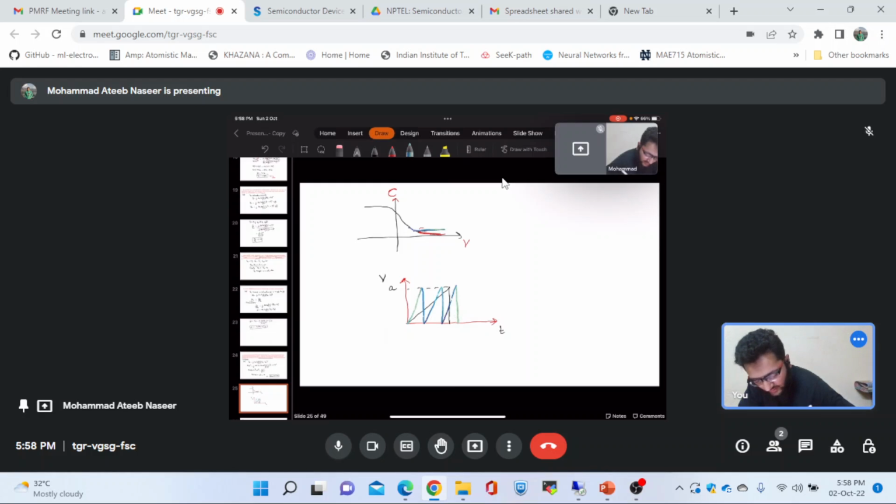So this is the fast sweep. This is what we mean by the fast DC sweep that we had done to obtain this capacitance curve. When we had to calculate the capacitance, we just swept the DC quickly. This is what we mean by the fast sweep.